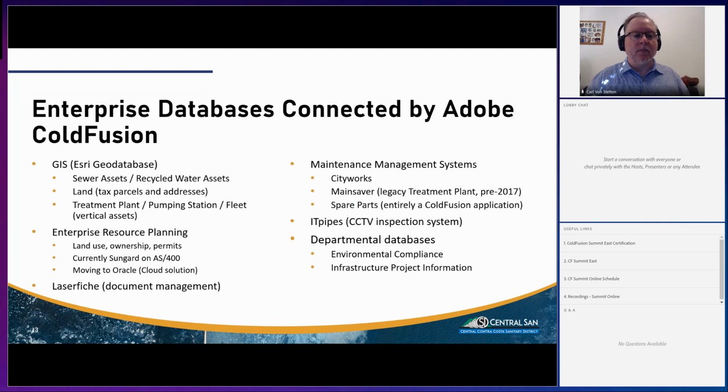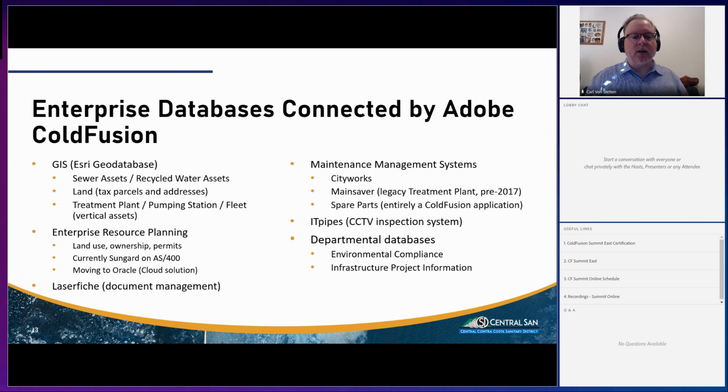We have enterprise resource planning systems. We actually have 2 systems in place right now. We're almost out of one and fully into the other, but we used SunGuard for decades, and we've just recently moved almost all of its functionality into the Oracle Cloud solution for local governments.